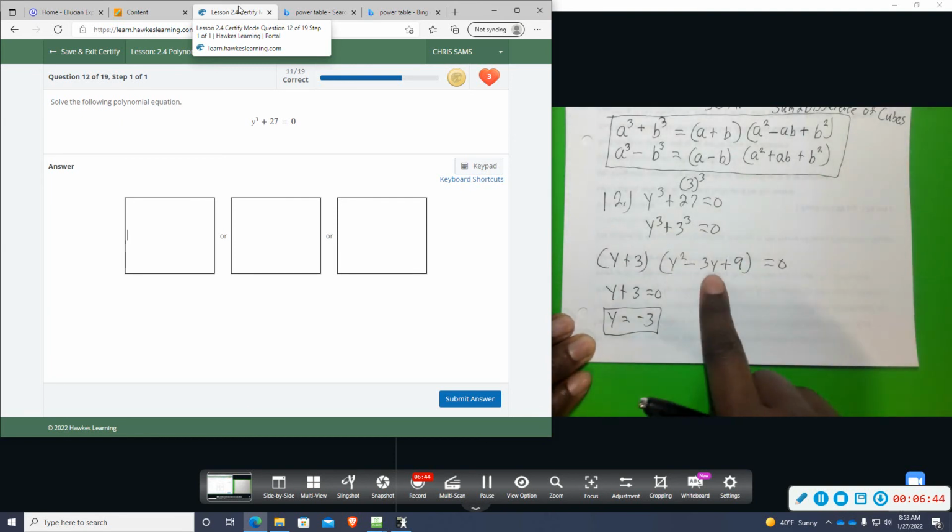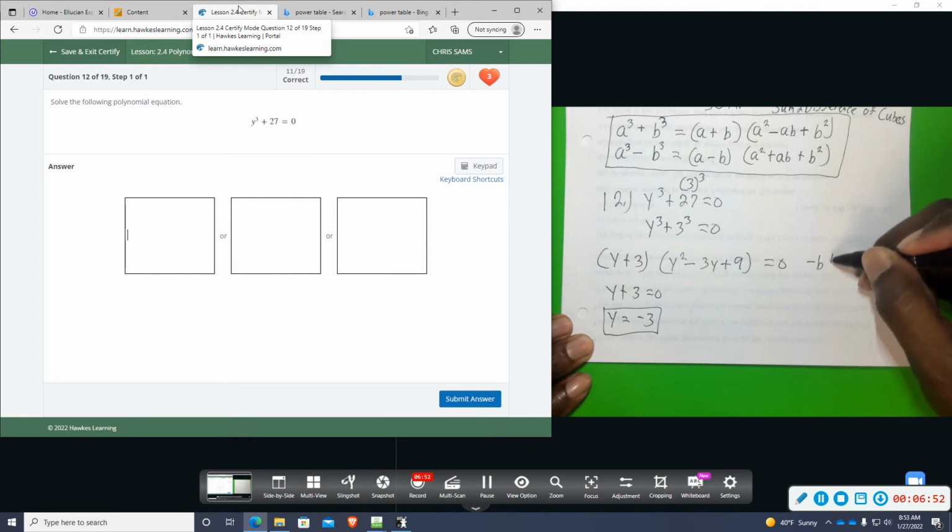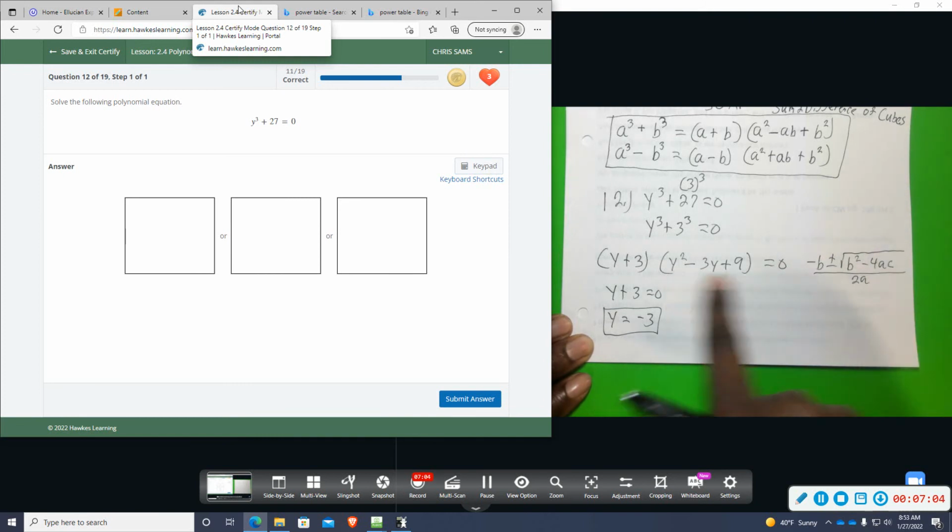Now, usually this one doesn't factor. We have to do quadratic formula. So I'm going to apply quadratic formula. So that is negative b plus or minus the square root of b squared minus 4ac all over 2a. So I'm going to apply quadratic formula to this part, setting it equal to 0, and then solve.